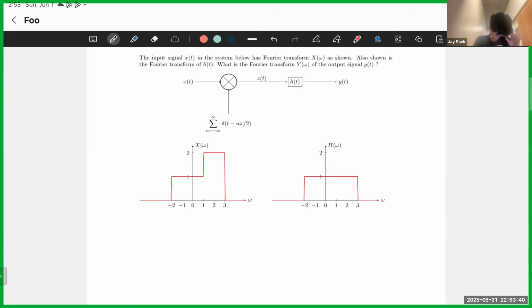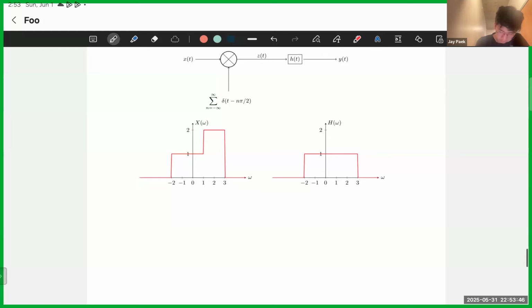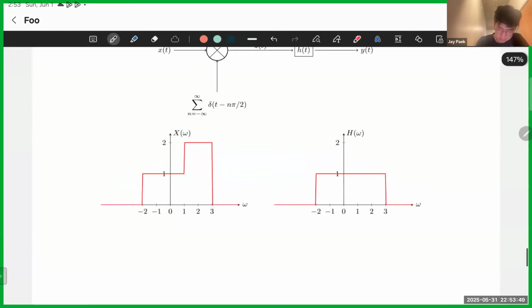First of all, it's important to note that this yields a Fourier transform as follows.